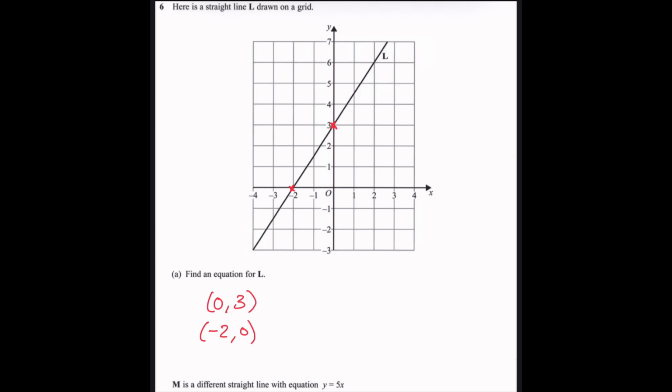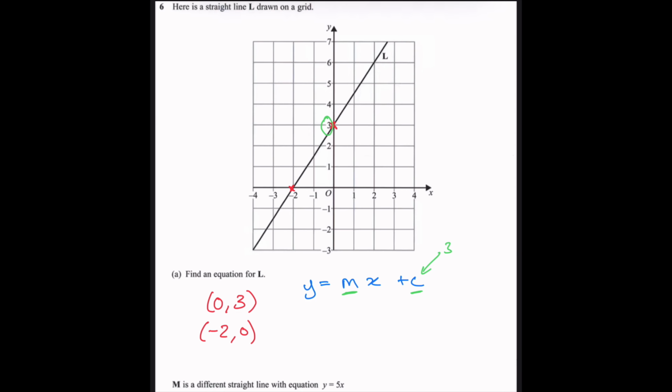Okay, the equation for a straight line is always in the format y equals mx plus c. And I need to find 2 things here. I need to find myself the gradient, and I need to find myself the y-intercept. Now the y-intercept I can see straight away from the graph is just 3. So c is going to be 3. Okay, good.